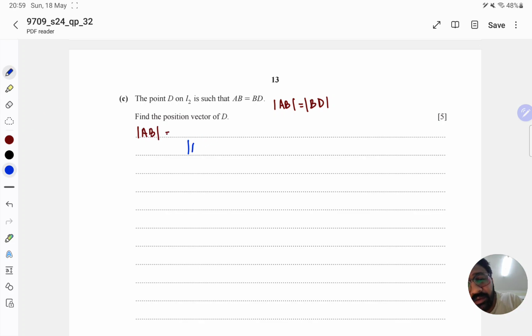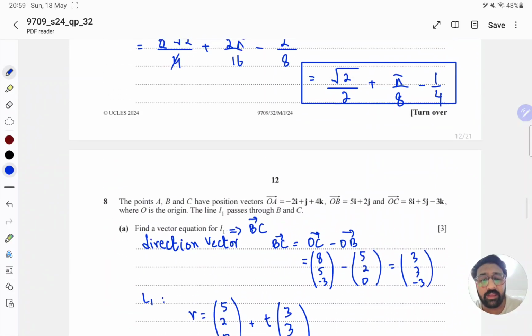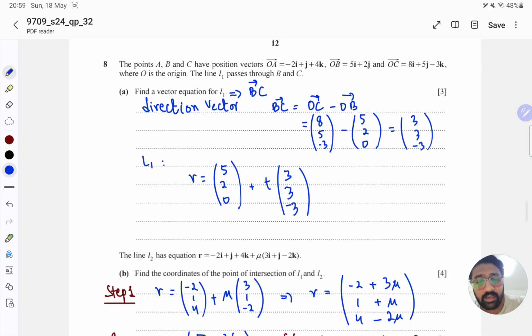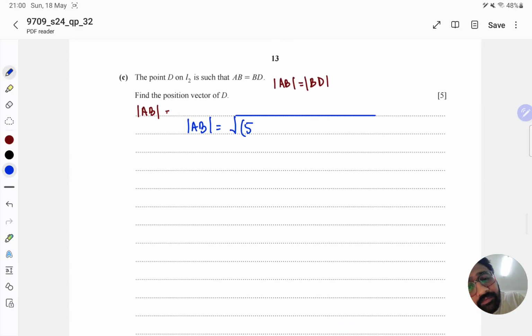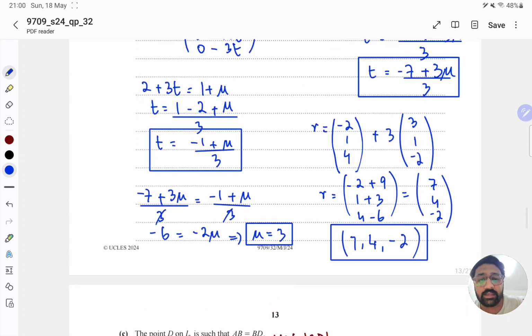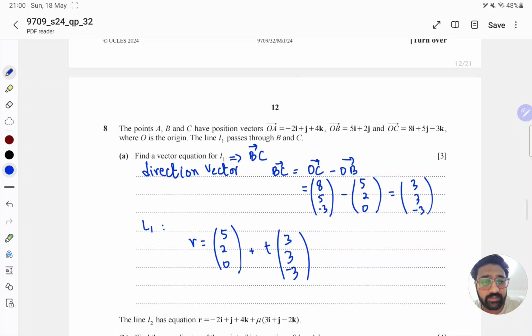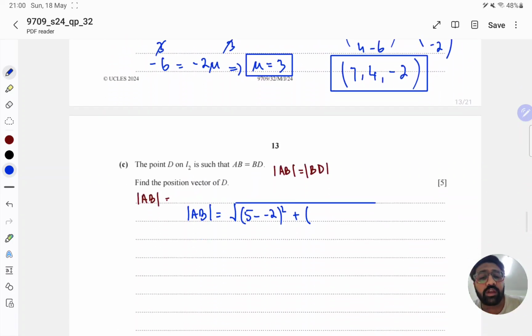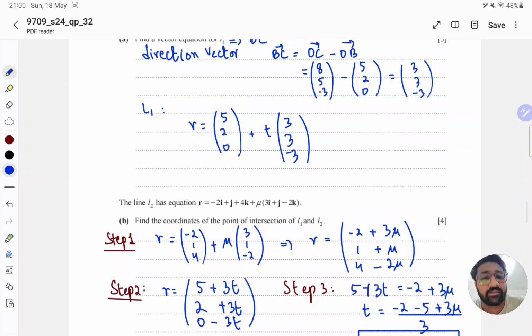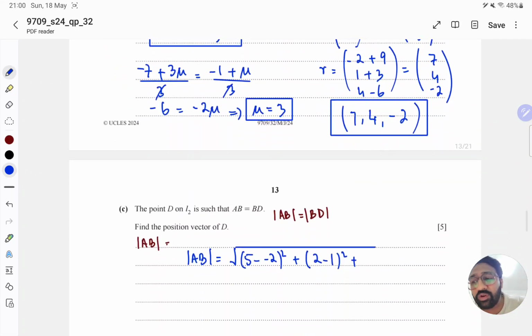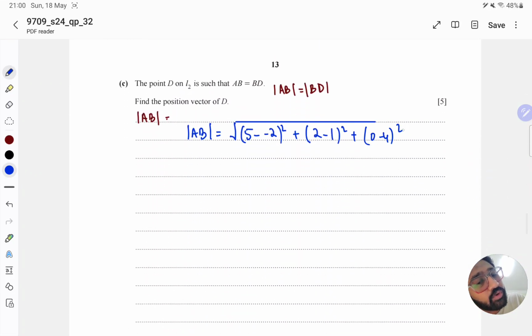It will be the square root of (5 - 2) whole square plus, this was x, that is y, y is 2 and 1, so (2 - 1) whole square, plus z, one z is 0 and the other is 4, so (0 - 4) whole square.